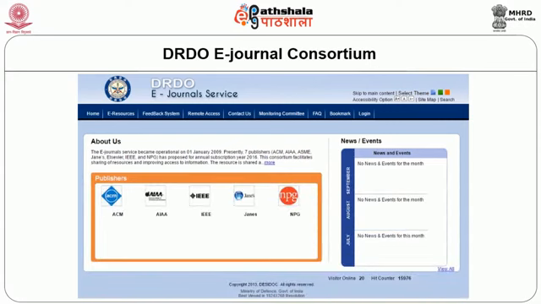DRDO E-Journal Consortium. MCIT Consortium, the Ministry of Communication and Information Technology Consortium, caters to the information requirement of 9 institutions, including NIC, CDEC and CDOT.